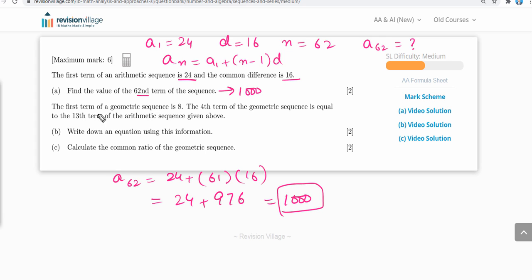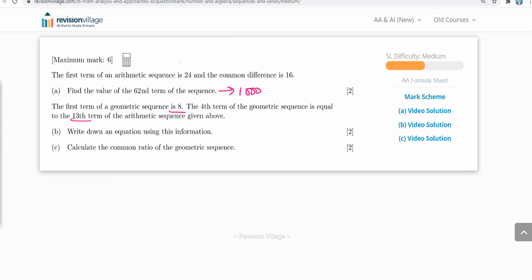In the next part it says the first term of the geometric sequence is 8. The fourth term of the geometric sequence is equal to the 13th term of the arithmetic sequence given above. Okay. Write down an equation using this information. So in this one we basically have to write down the equation for the common ratio.